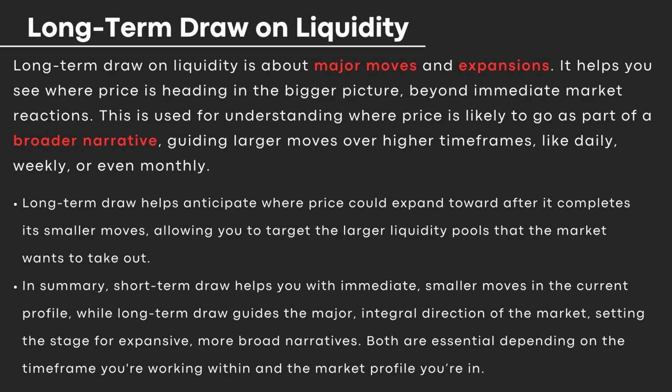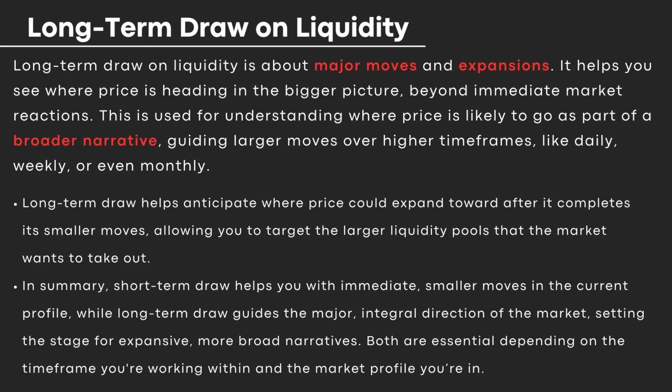The reason we use this is for understanding where price is likely headed, or where it could likely go, as part of a broader narrative, right? Basically it guides us on the larger moves on the higher time frames, daily, weekly, or monthly. Now, as we discussed earlier, short-term drawn liquidity determines where immediate market movements and reactions could occur, like retracement profiles and rejection of highs and lows.